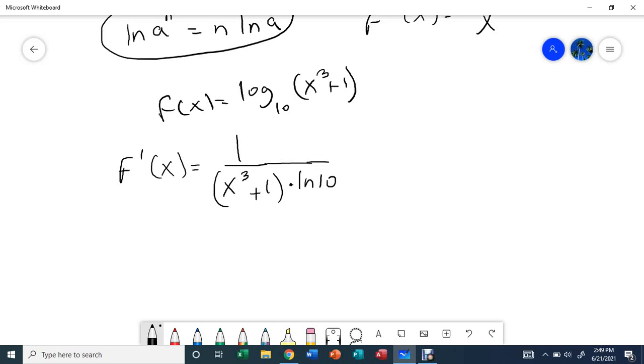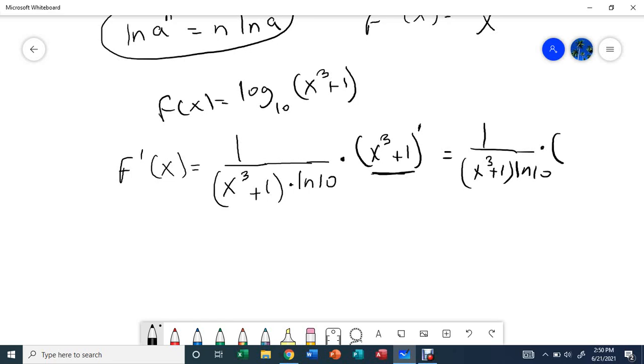But we have a composed function here, so we need to use the chain rule. So the derivative of x cubed plus 1, using the power rule, we get 1 over x cubed plus 1 times ln of 10, times 3x squared, using the power rule for derivatives.